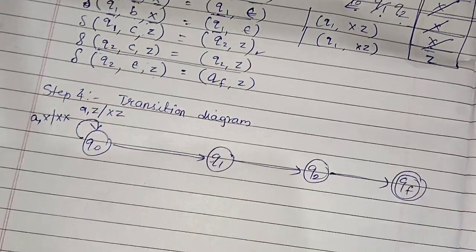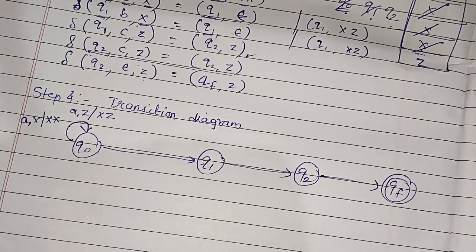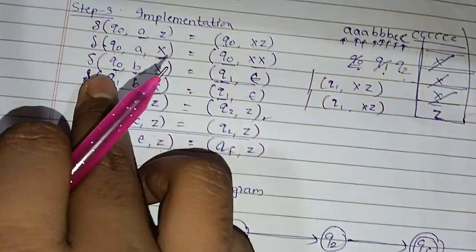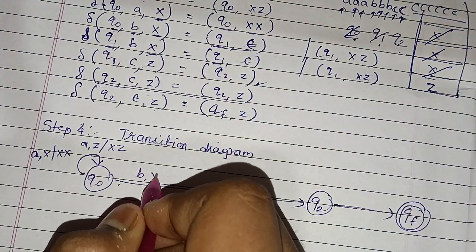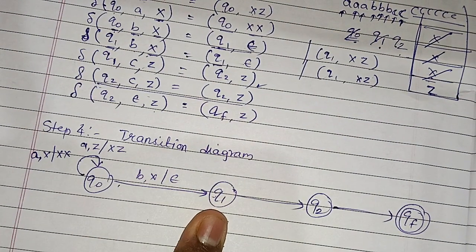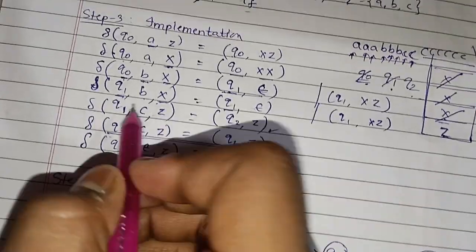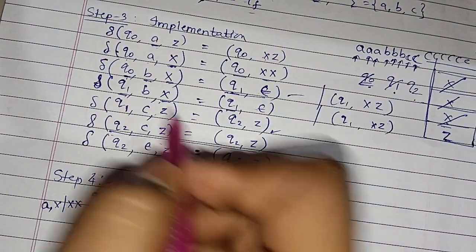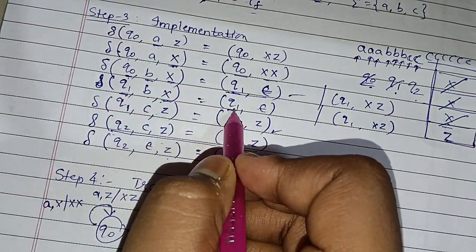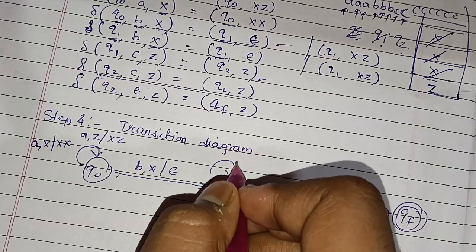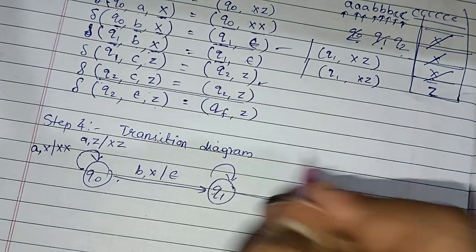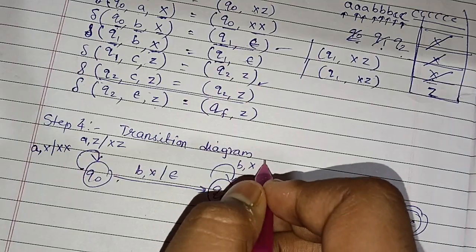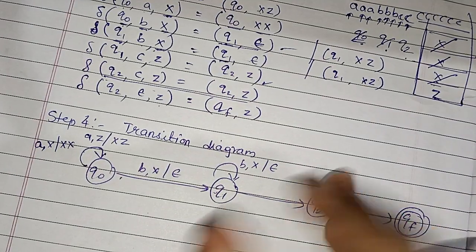Now see, q0 receives b x, go to q1 and pop. Now see, this is implemented in the diagram. Q1 b x, so what I will say: stay in q1 and pop. So b x, pop again.